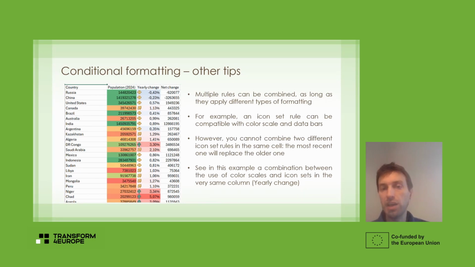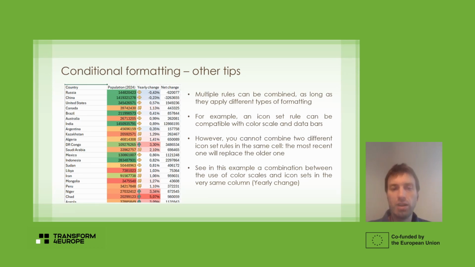So in this case, I have different levels of detail. The arrow just provides a general overview of the trend, but I can also discriminate within the same range which are the countries that actually grow faster than the others.